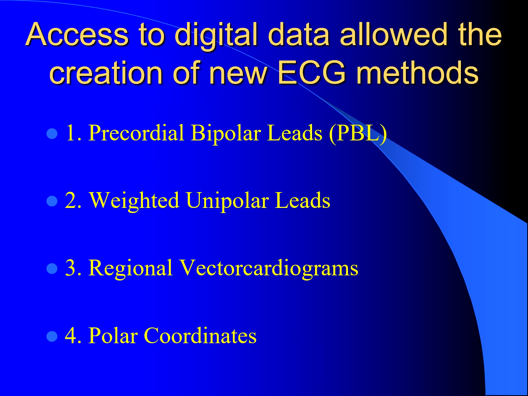The possibility of accessing the simultaneous measurement recorded by the ECG electrodes has allowed us to create a series of new electrocardiographic methods that, based on the information produced by a standard 12-channel electrocardiogram, provide detailed information on the electrical activity of various parts of the heart.